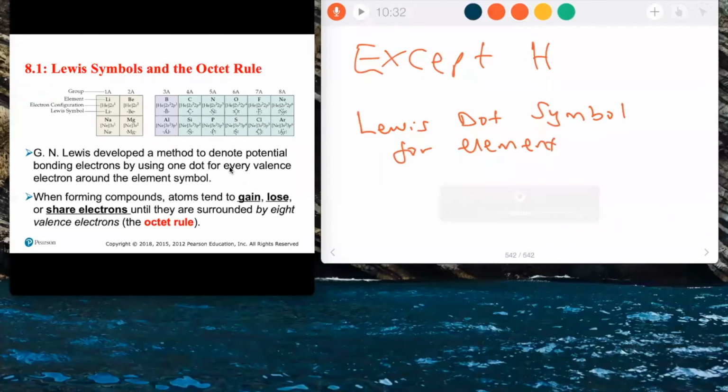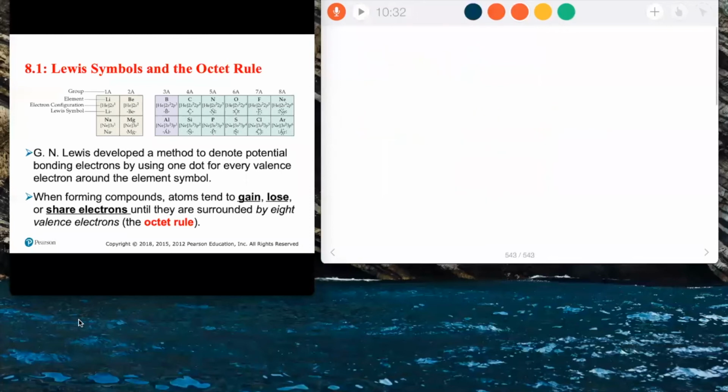This represents the chemical symbol with dots around it, which signify the valence electrons. You should be able to use the group number. Group 1 will have 1 dot. Group 2 will have 2 dots, and you do not pair them up until they are singly distributed around the chemical symbol.